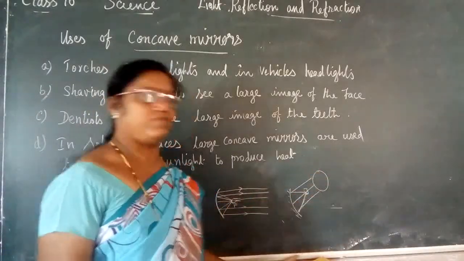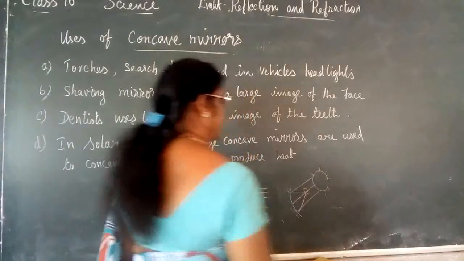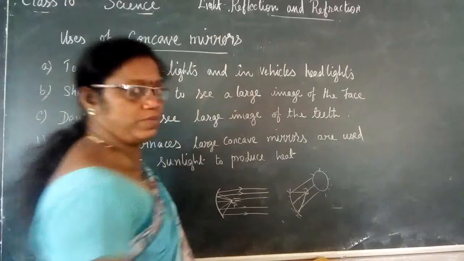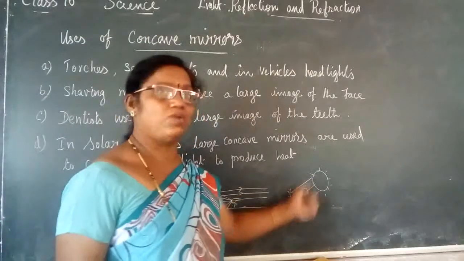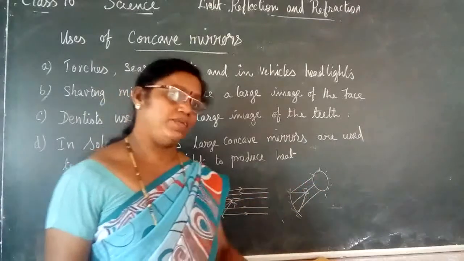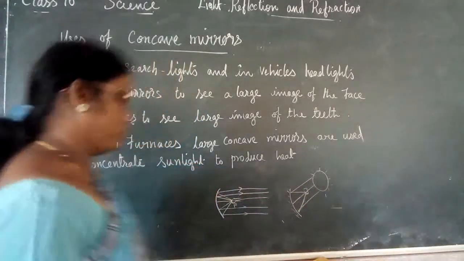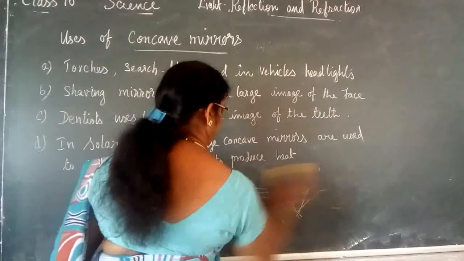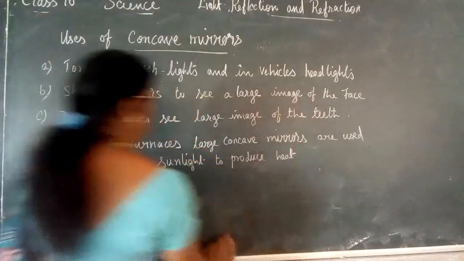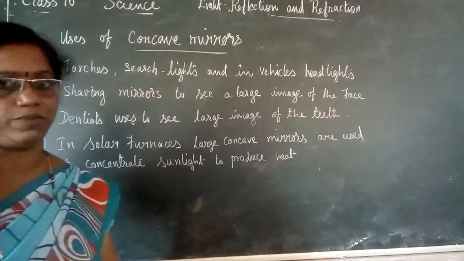In the solar furnace, concave mirrors are used because they converge all the parallel beams of light at the focus, and we get a large amount of heat energy. So these are the important uses of concave mirror.